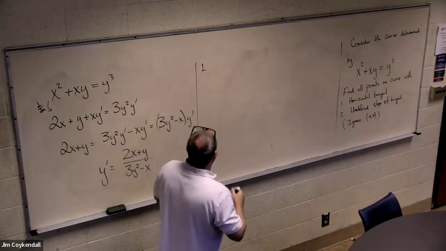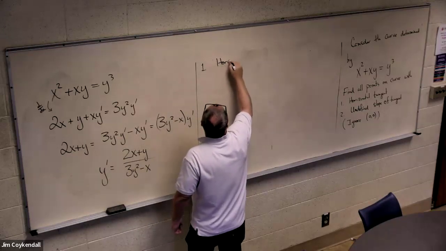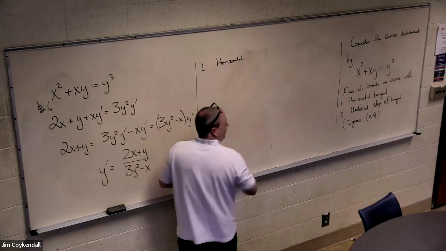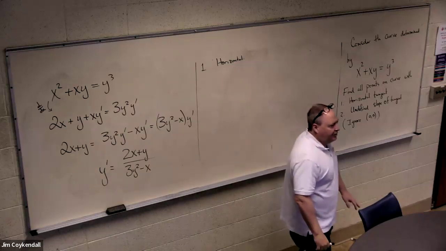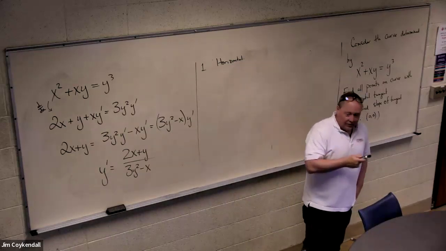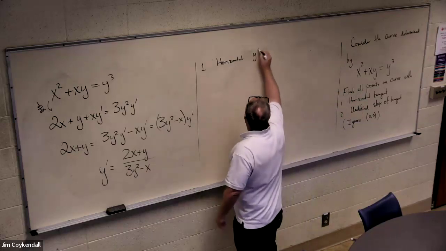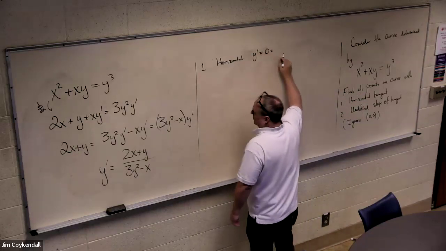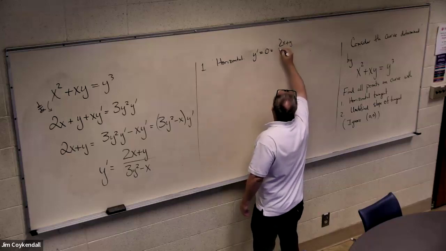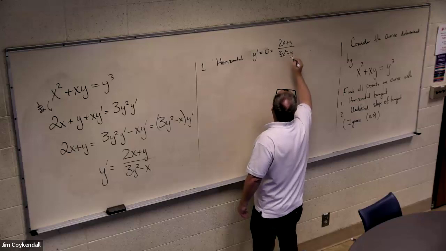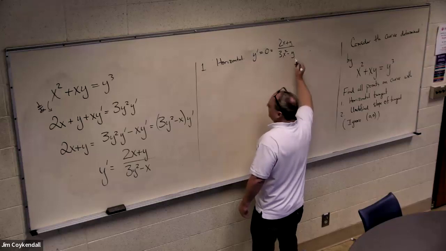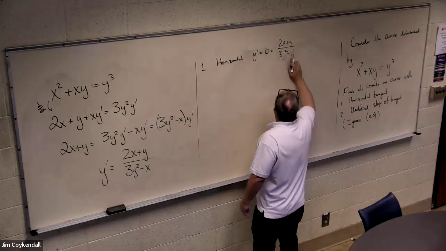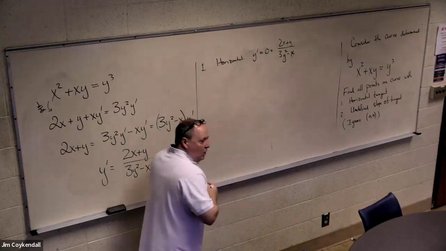For the horizontal tangent, what does that mean? That means the y prime must be zero.